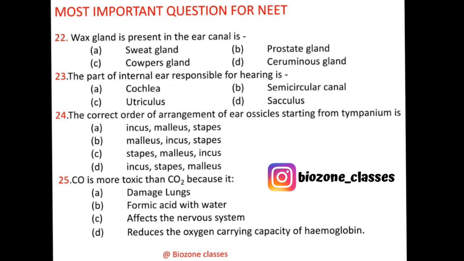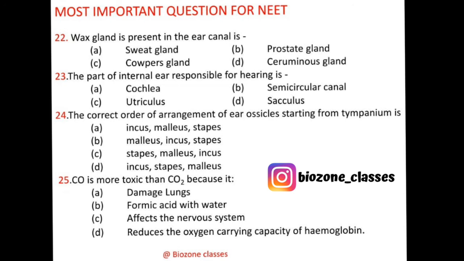Question number 24, correct answer is B. Question number 25. Carbon monoxide is more toxic than carbon dioxide because option A, it damages lungs, B, it forms formic acid with water, C, affects the nervous system and D, reduces the oxygen carrying capacity of hemoglobin.